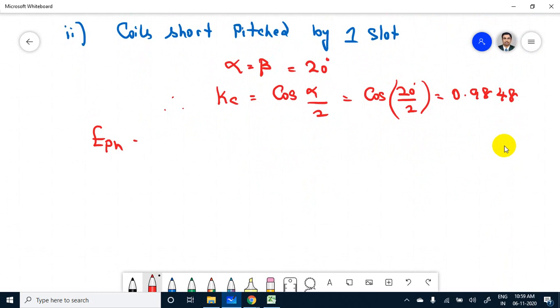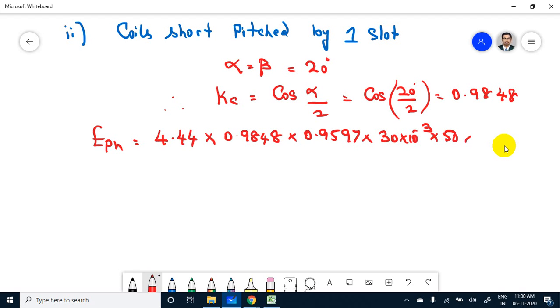Now you write the EMF equation. E phase is equal to 4.44 into Kc 0.9848 into Kd 0.9597 into flux 30 into 10 power minus 3 into frequency 50 into number of turns per phase 240. So finally we'll get 1510.68 volt.